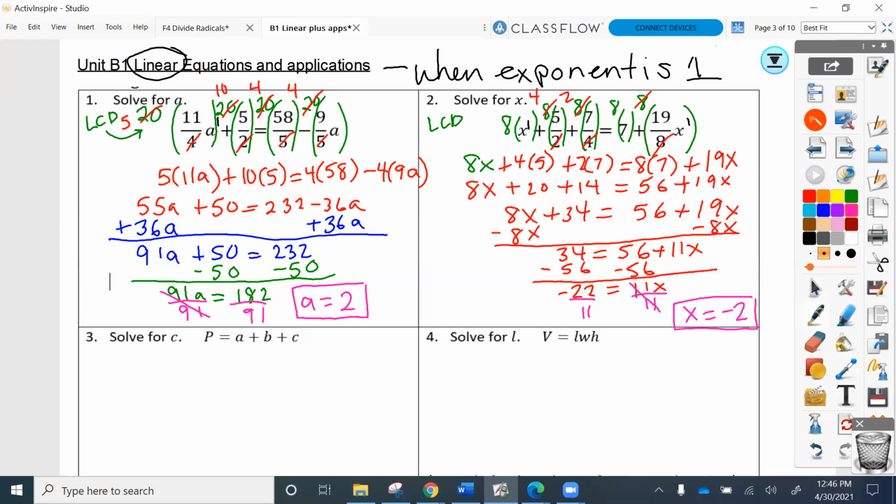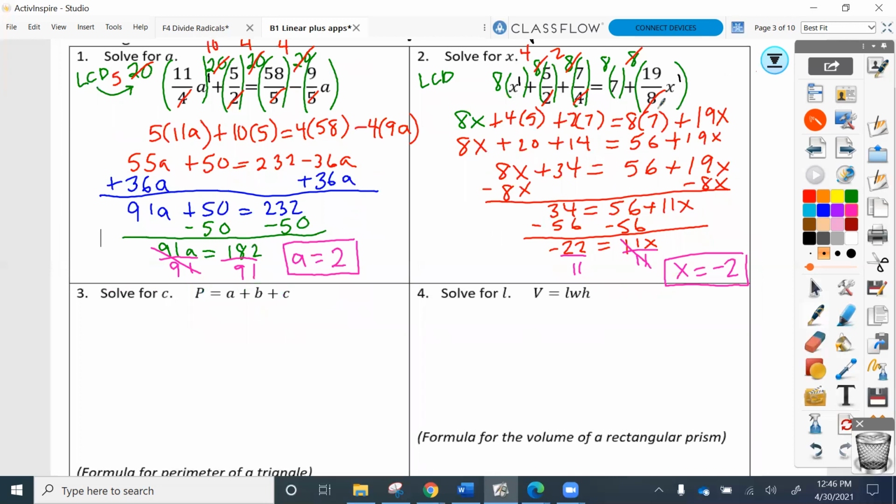Another type of linear question that you could get on the SAT is what we call literal equations, where there's no numbers and they just want you to solve for a particular variable. Well, this is the variable that we want to get by itself. So we want to get rid of everything else.